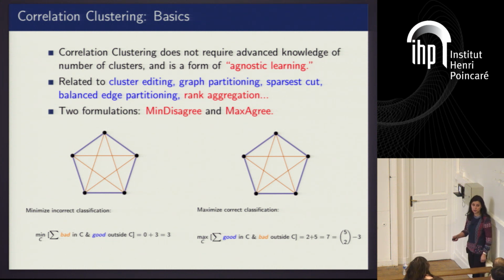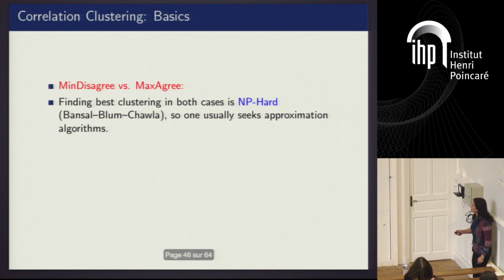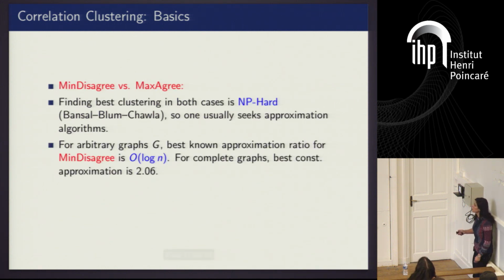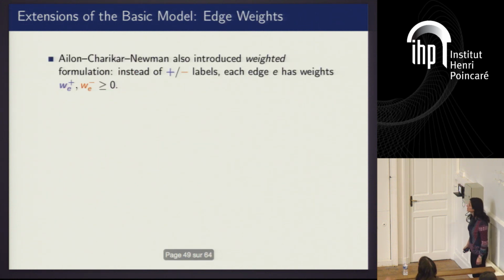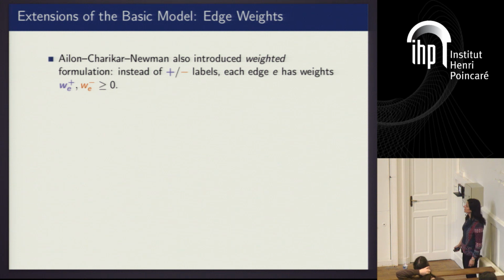Both problems are known to be NP-hard, except for the fact that min disagree is much harder to approximate than max agree. And there were quite a lot of results in this area. Even one of the most recent papers at FOCS was dealing with improvements of the min disagree approximability results, but I'll skip all these for the sake of time.